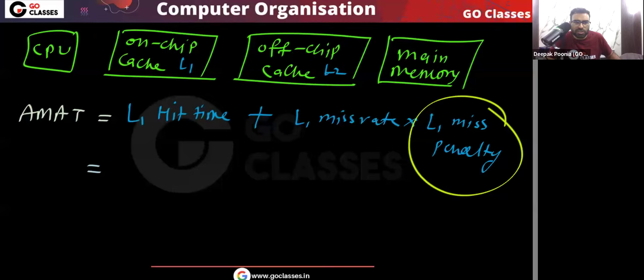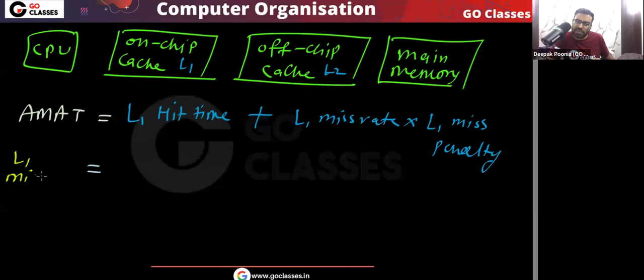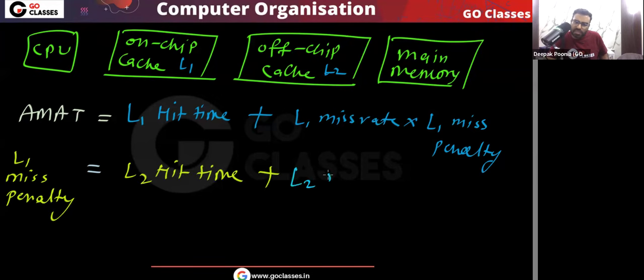And also remember, this L1 miss penalty we can also write recursively. L1 miss penalty will be L2 hit time, or L2 access time, plus L2 miss rate into L2 miss penalty.